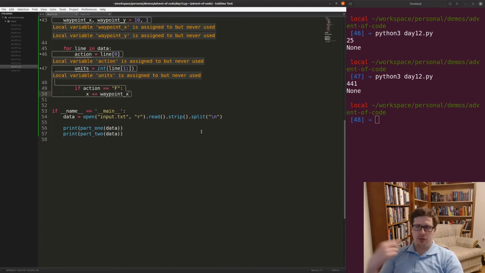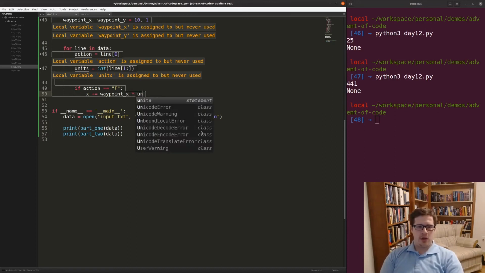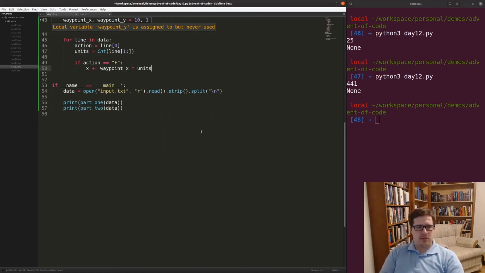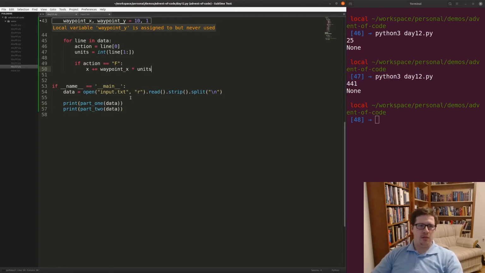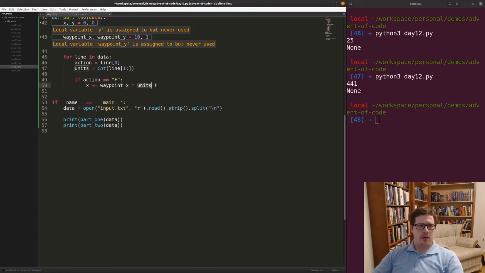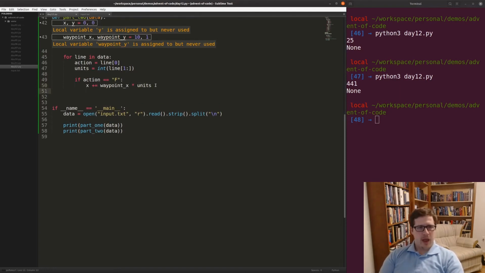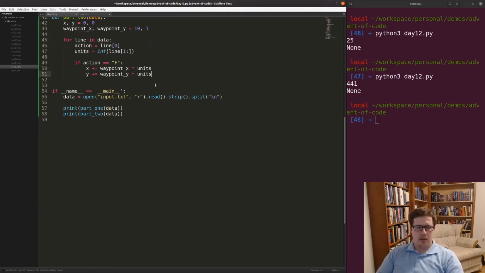So we're moving towards the waypoint units number of times. So our current location will move to the waypoint units number of times, and y is going to be the same thing, where we have waypoint y times units as well.